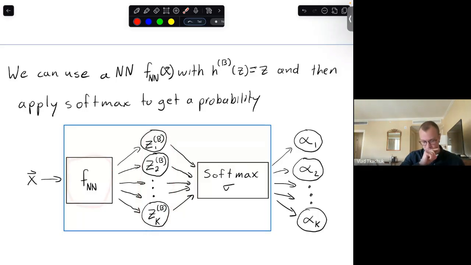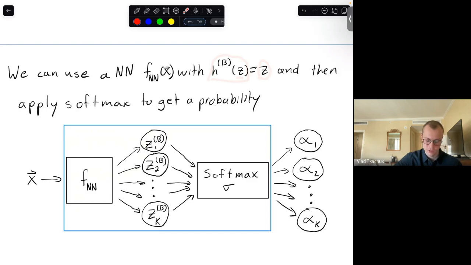Okay, so the procedure is to be thought of as follows: we're going to use a neural network, this F neural network, to produce numbers at its output, which are going to be these z's. These are the pre-activations. We're going to define the activation at the very end to be the identity, which means the pre-activation gets mapped to the actual activation value at the end of the neural network.